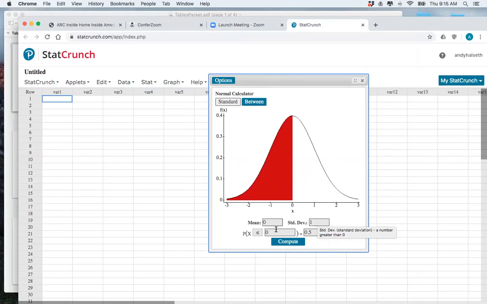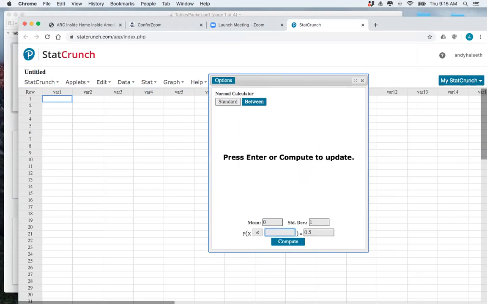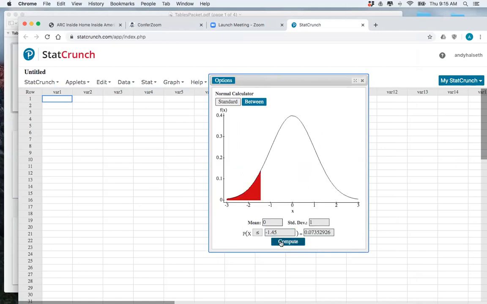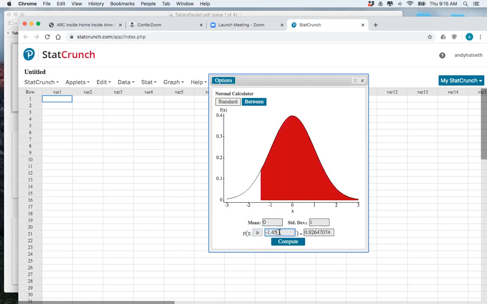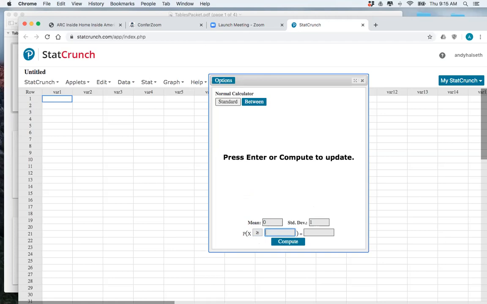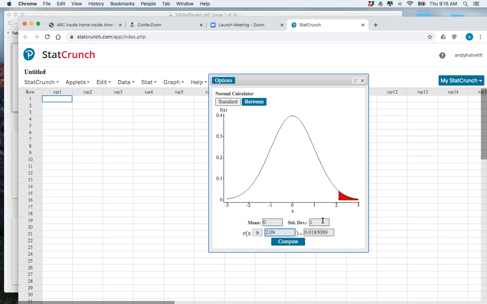And we were given z-scores, so that first one, if it's a left-tailed test, negative 1.45, there it is, right? For a right-tailed test, I would just flip it around, greater than 2.09, 0.0183, which is what we got with the table.